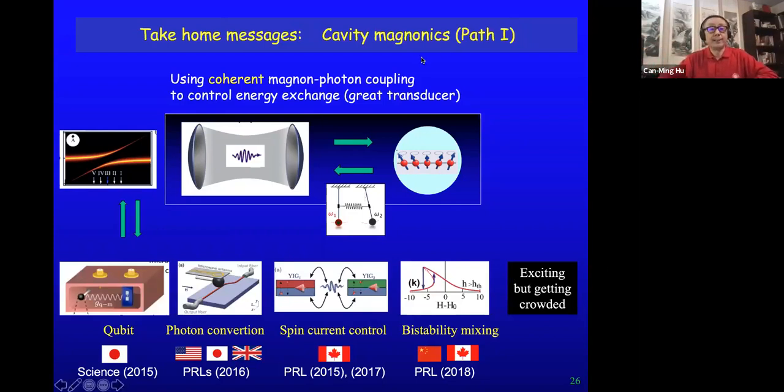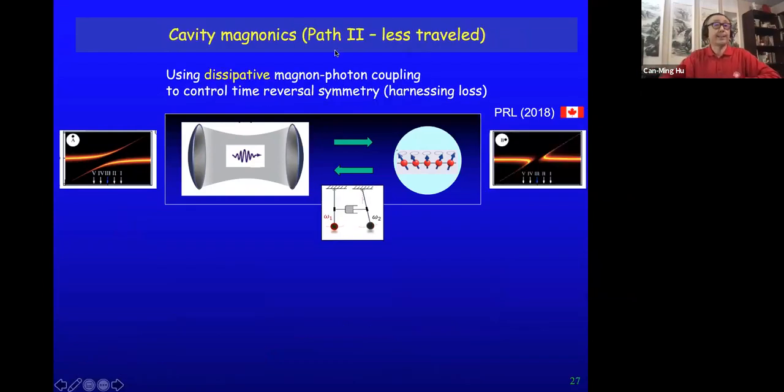And this is still an exciting branch of this new field of cavity magnonics, and it's getting crowded. Many people are doing this type of research. So if you want to do something not so crowded, there is a second path, which I hope I introduced to you, less traveled, but equally interesting. You can introduce the dissipative coupling in this cavity magnonic system.